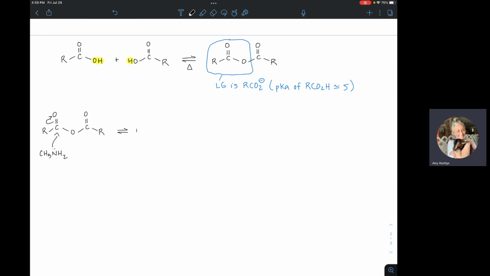And what we're going to get here is a tetrahedral intermediate. This is always what happens. I'm going to draw all these out. Just put that there, the positive charge on the nitrogen.